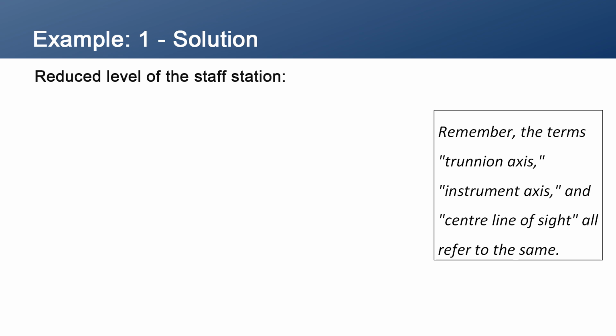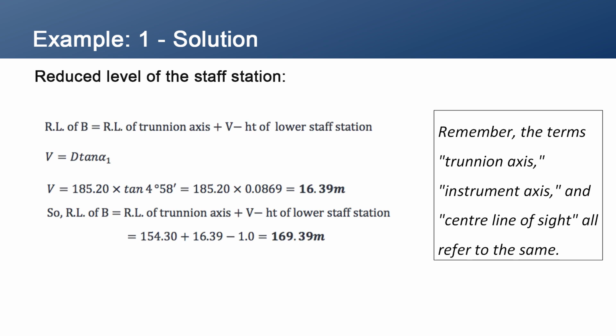Now, the next part asked in the problem is to calculate the reduced level of the staff station. The reduced level of B is given as RL of trunnion axis plus V minus height of the lower staff station, for which let us calculate the vertical distance V. This V can be calculated by considering alpha 1, which can be easily shown from the figure. So, the formula for V is equal to d tan alpha 1.